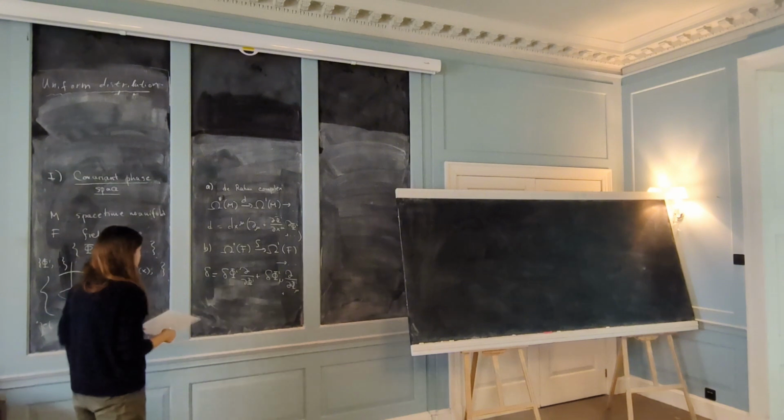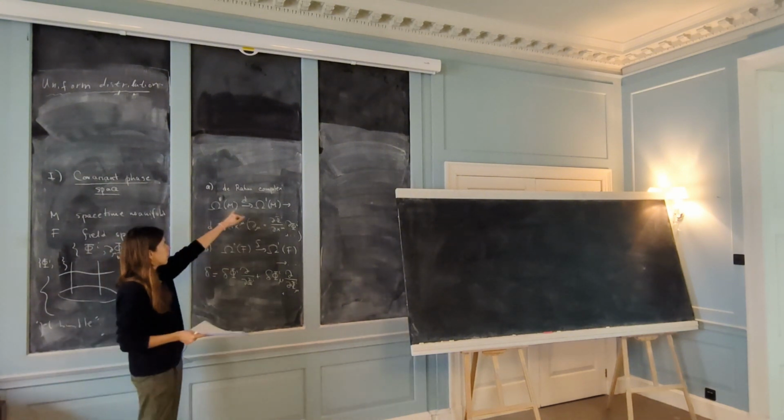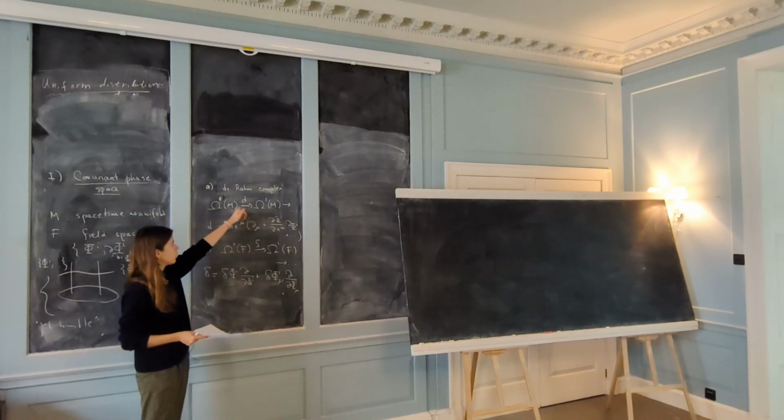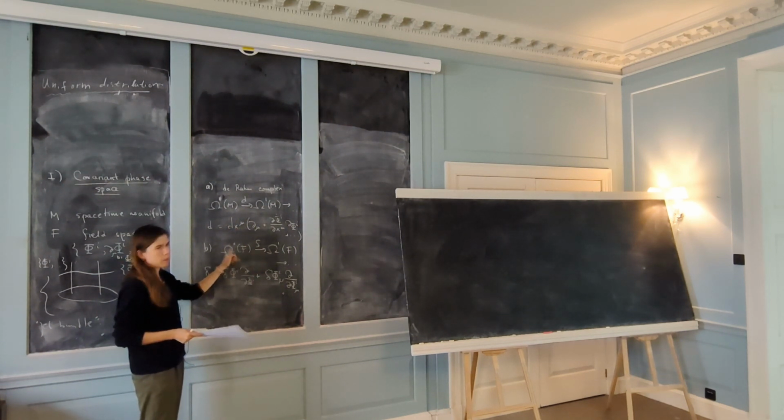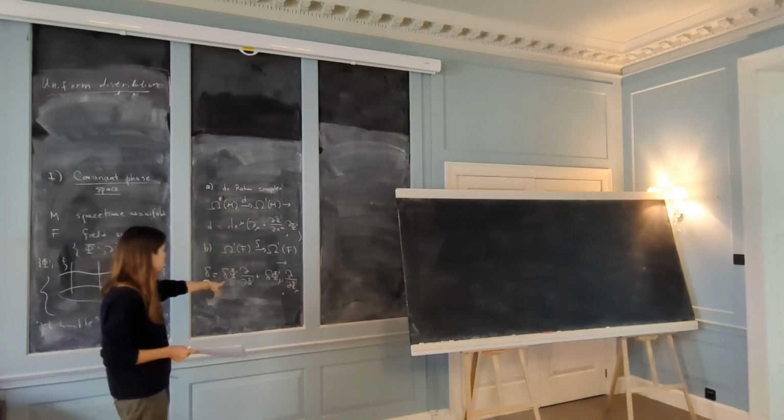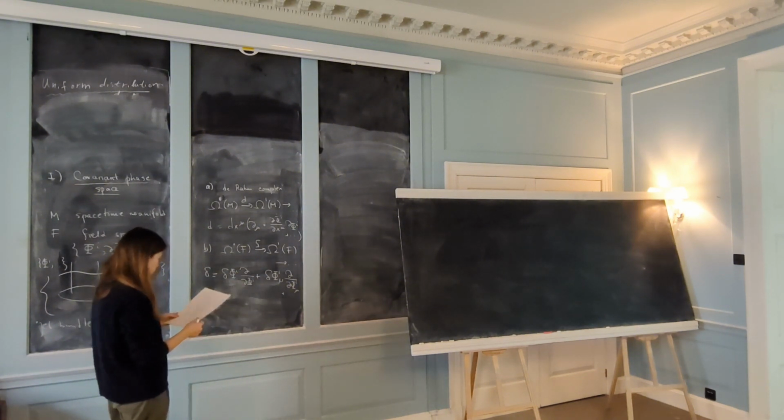Just like the usual exterior derivative maps you from n-forms to n plus 1 forms, the exterior derivative on field space maps you from n-forms on field space to n plus 1 forms on field space.